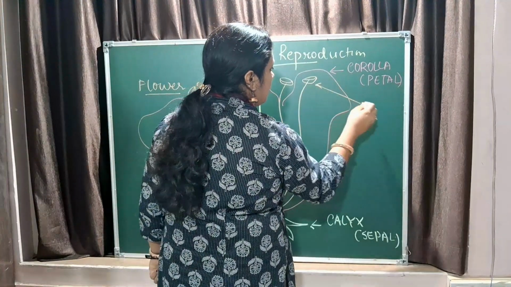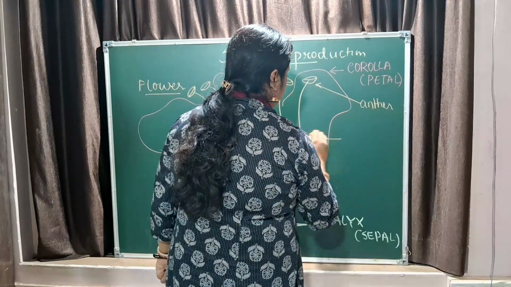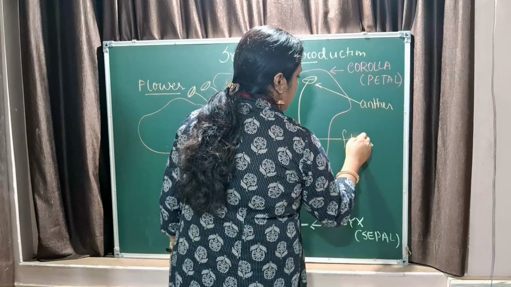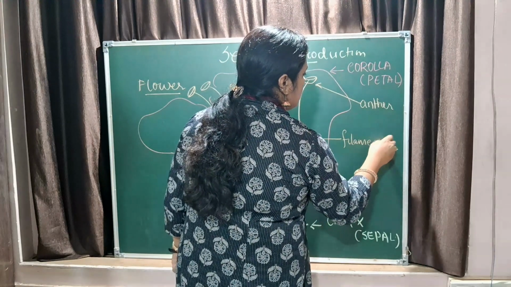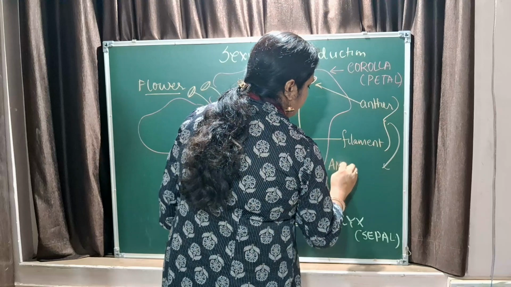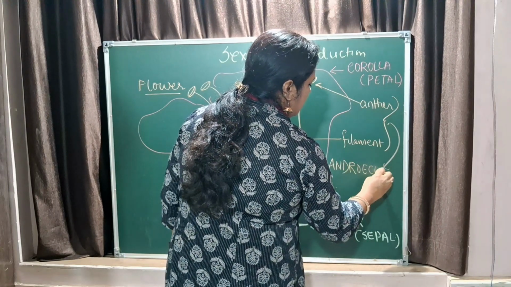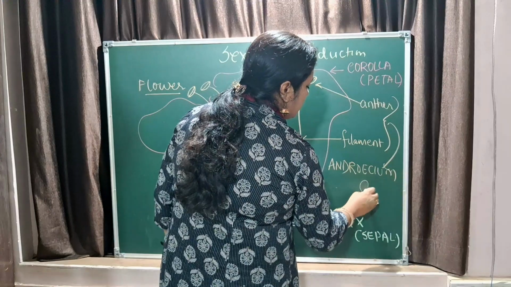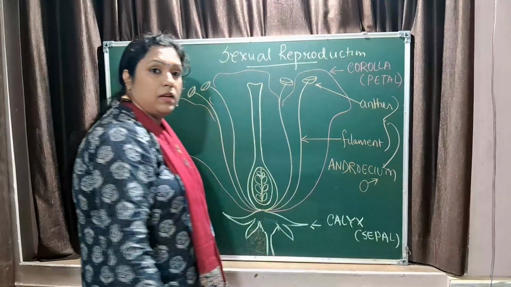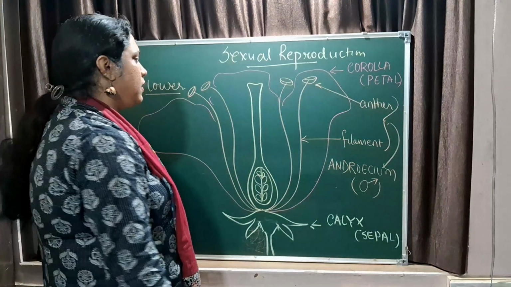The androecium has the anther and the filament. Together this is called androecium, which is nothing but the male part of the flower. This symbol is for the male.